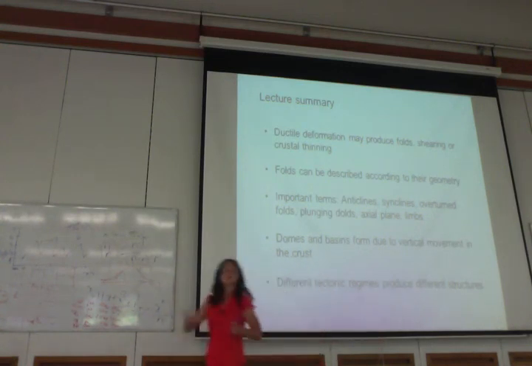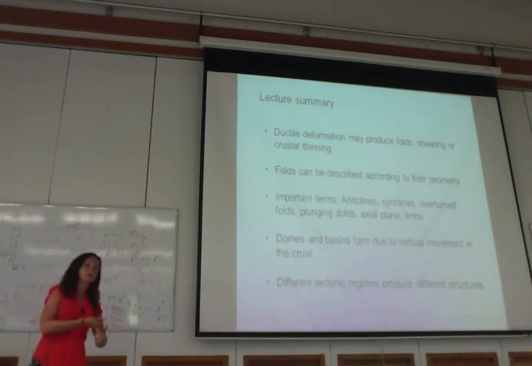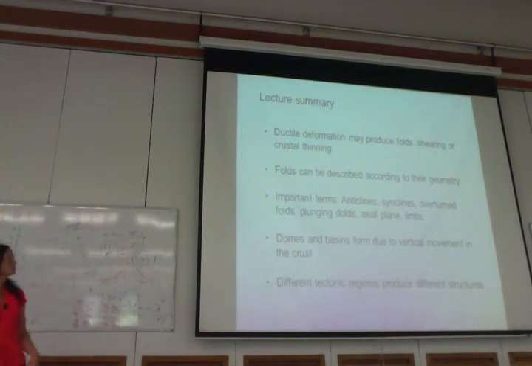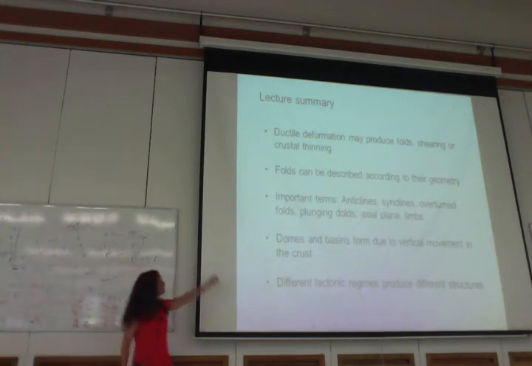There are lots of numerous terms that you can use to describe these folds, and the type of fold produced will depend on the rock type, and also how much compression and the direction of compression that is experienced. And make sure you know what all those terms are.